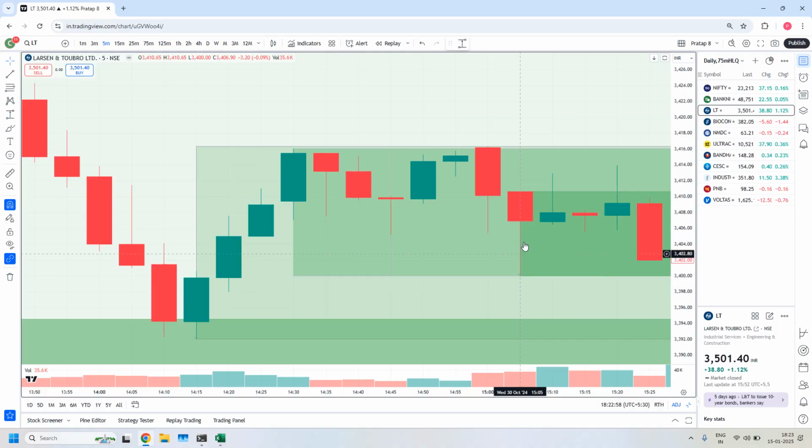If you consider failed ERC as a rally, then you have to draw the zone like this. This is a type 2 proximal entry. If you consider this is also base, then your zone will be like this.